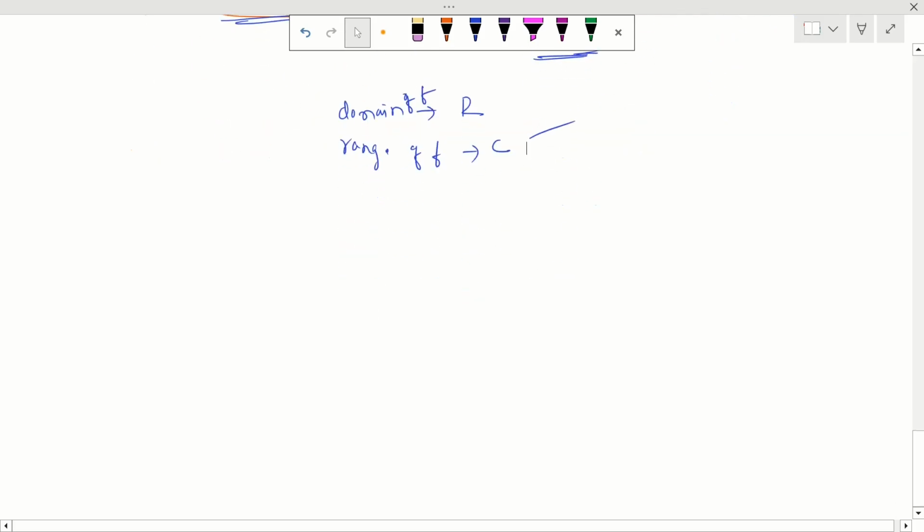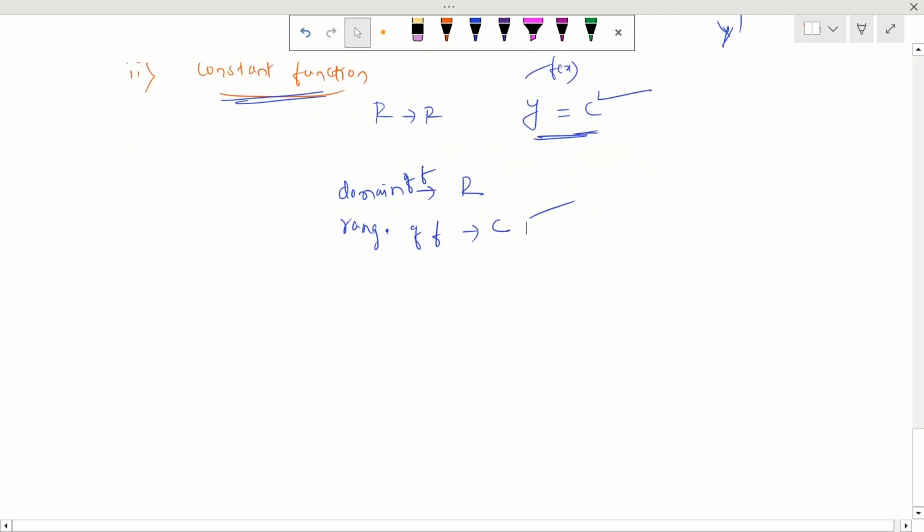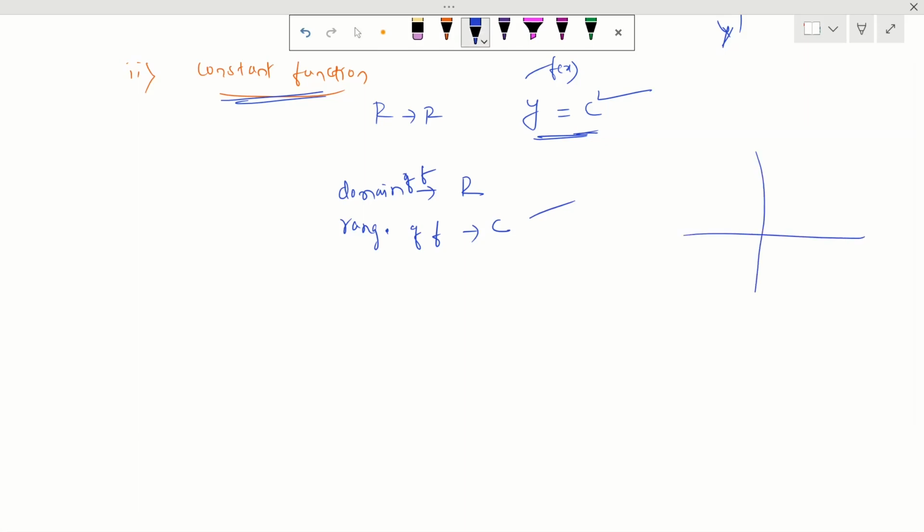In these cases we will get a graph that is a line parallel to the x-axis. This point you have to remember.